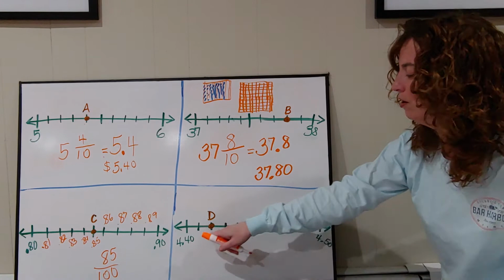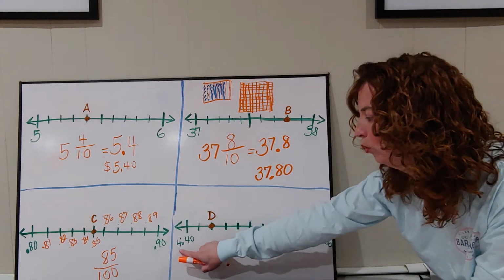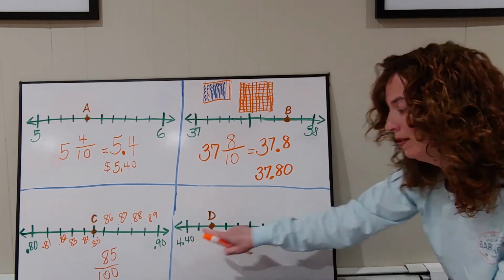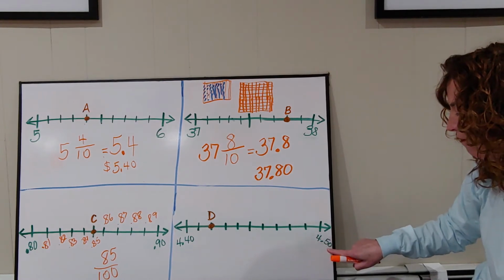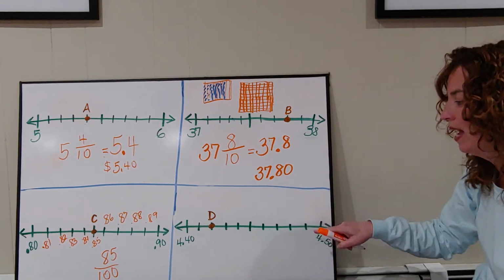All right, so now here in the last example, we have a whole number 4 and 40 hundredths, and then a whole number 4 and 50 hundredths. So we're going to start counting.